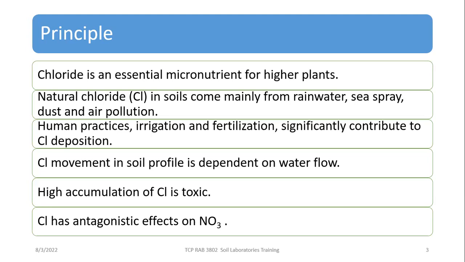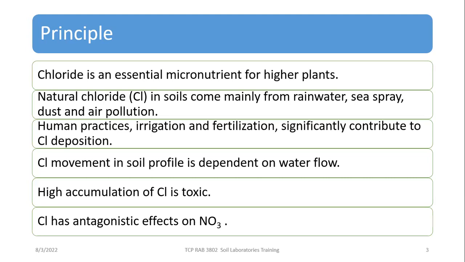Chloride is water soluble, so its movement in the soil profile is very dependent on the flow of water. Therefore, in case of human practices, in addition to other natural conditions, the accumulation of chloride becomes in many places very high, and this is very toxic to plants. The pronounced feature of chloride is that it has an antagonistic effect on nitrate.